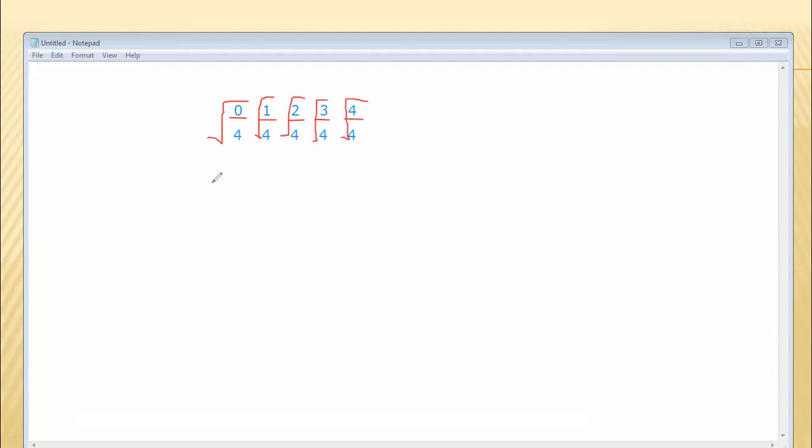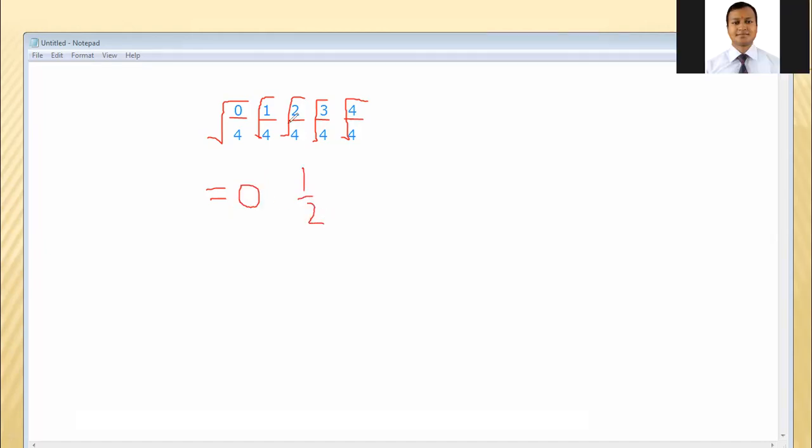Separately. What is the value of 0 by 4? 0 only. Yes. Similarly, square root of 1 by 4. Is this 1 by 2? Yes. Square root of 2 by 4. We can cancel it out. 2 1s are 2. 2 2s are 4.